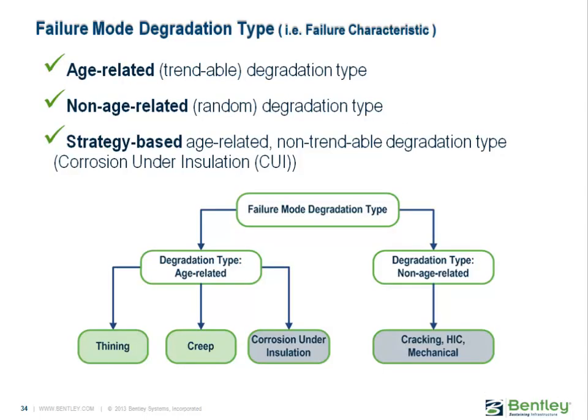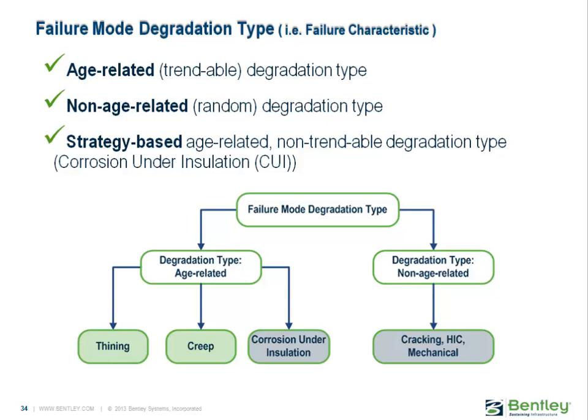Failure modes in APM are categorized in three degradation types or failure characteristics: age-related or trendable degradation type, non-age-related random degradation type, and a strategy-based degradation type. Wall thinning by internal corrosion can be an example of age-related degradation type.